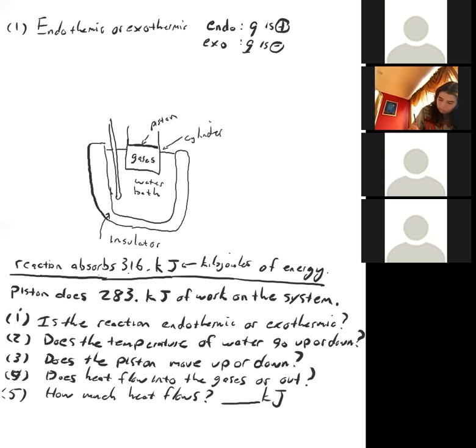So here's what we're going to do. We're going to calculate it. The only equation you really need for this type of problem is delta U equals Q plus W. Okay, heat plus work. This is energy. This is heat. This is work.